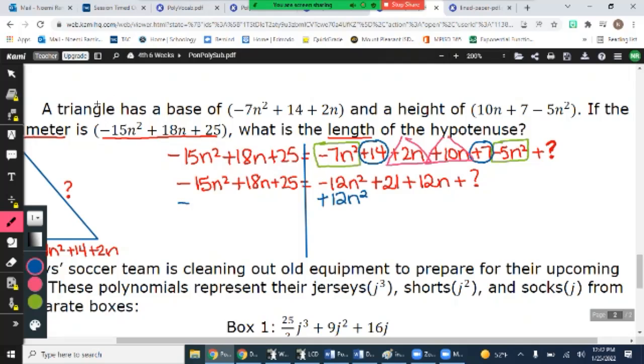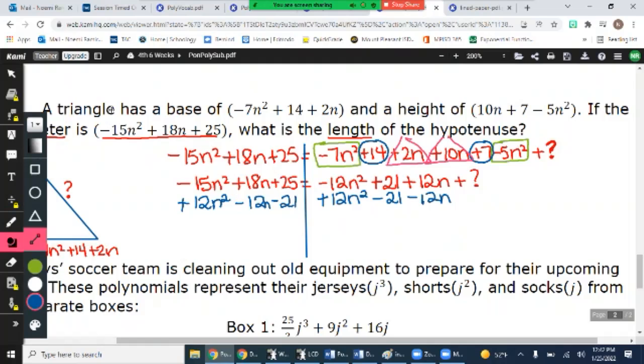Under the 15, because 15 has that n squared. How do I move the 21 back over? Subtract it. It's positive, so I subtract. And that 21 goes under which number? And last, how do I move 12n? And 12n goes under the 18.